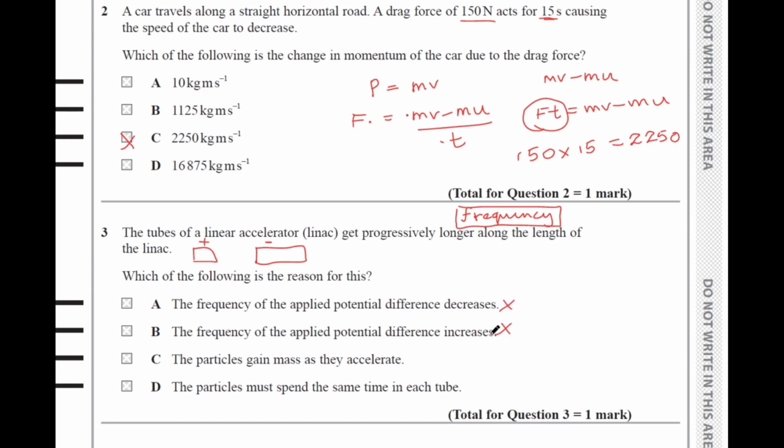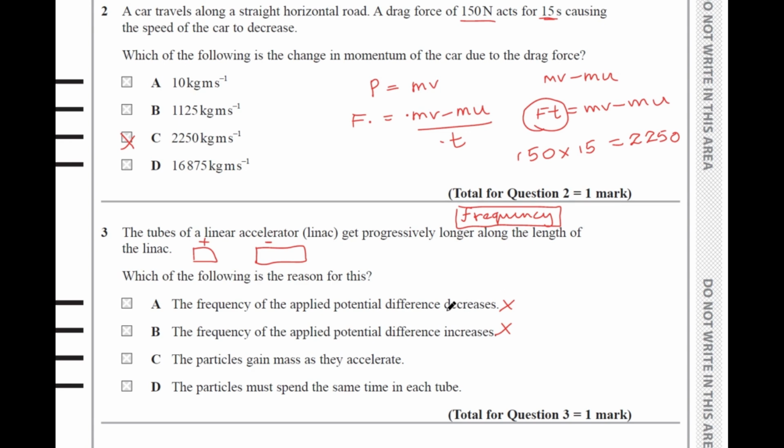So obviously wrong. So when you talk about LINAC or linear particle accelerator, always remember the frequency at which the polarity of the drift tube changes remains unchanged. And then we only have the third and fourth options. You have to pick one from those two. So now it's quite an easy task for us.